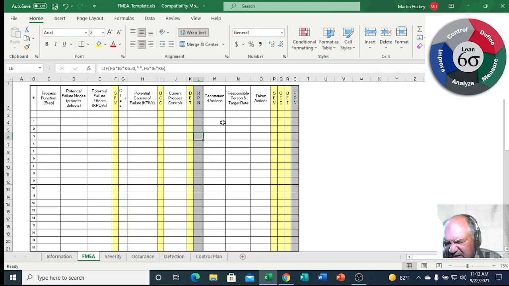You'll find that 20% of them will handle 80% of your problems. Come up with actions, who's responsible, and a target date, and then they take the action. Then you reassess your severity, occurrence, and detection, get a new RPN, and if it's below a certain threshold, then you go from there.